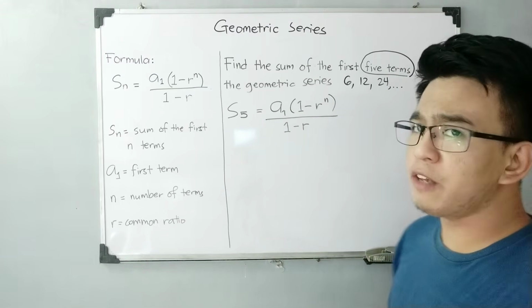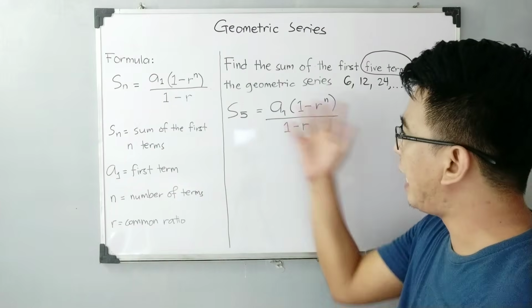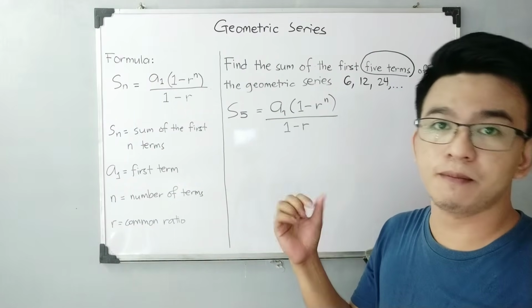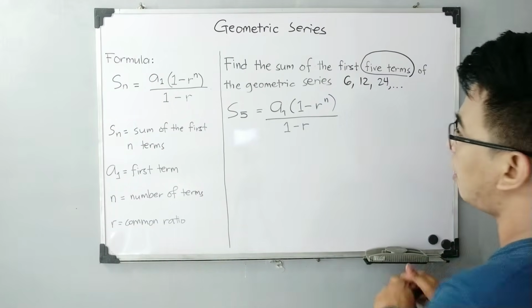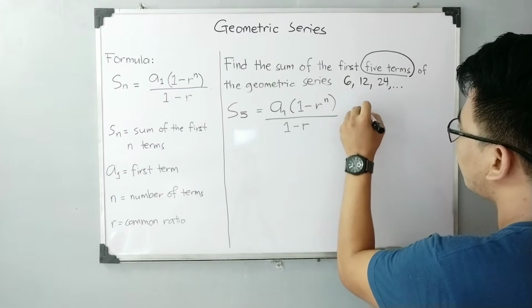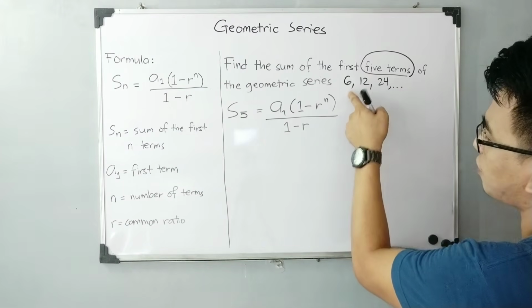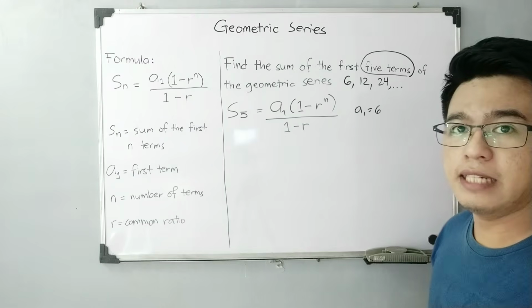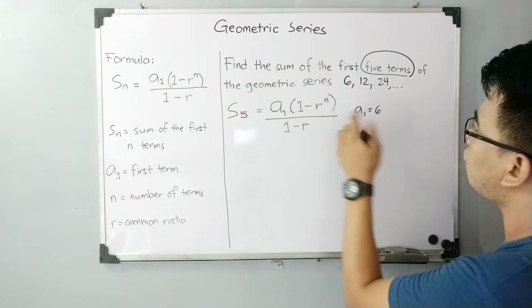Okay? So we need to figure out first what are the values of the elements in this given formula. First, for the a sub 1, our a sub 1 is the first term, which is 6.